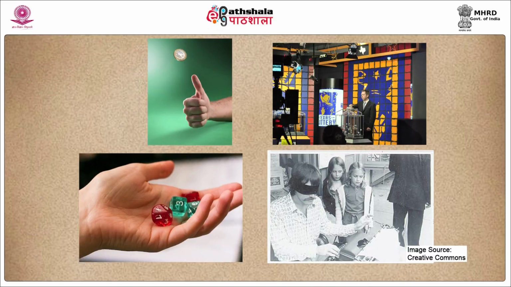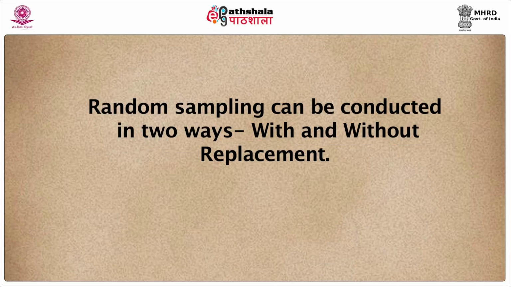Simple random sampling can be done by using a number of techniques such as tossing a coin, throwing a dice, lottery method, blindfolded method. Random sampling can be conducted in two ways, with and without replacement.